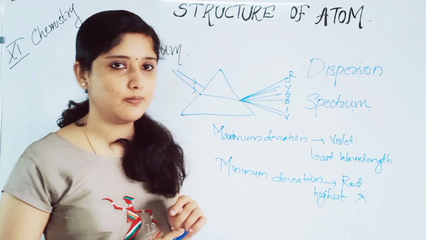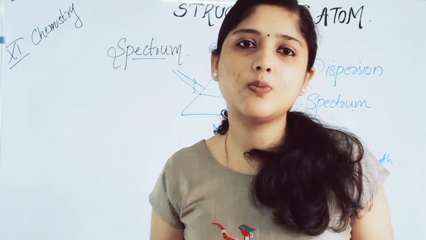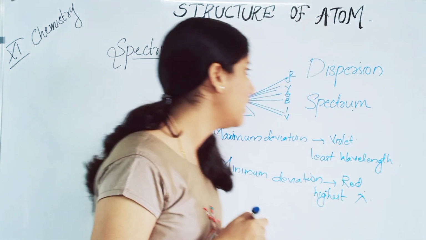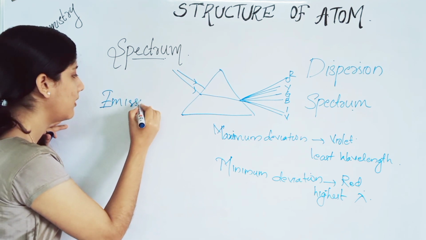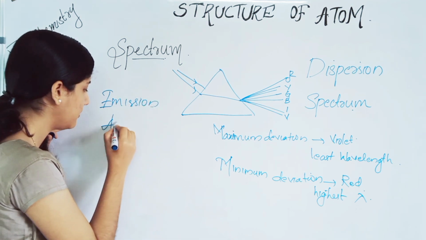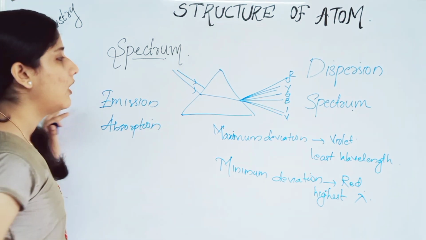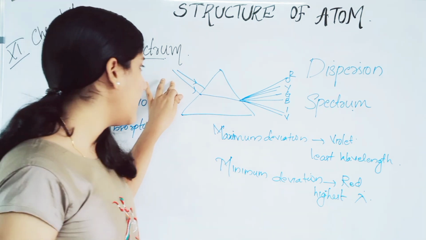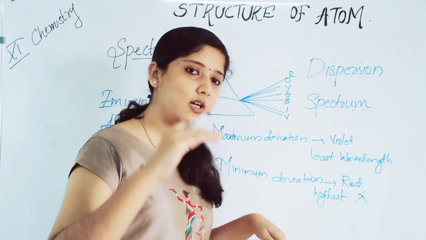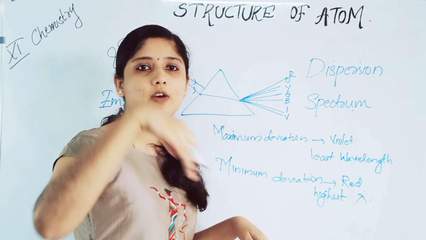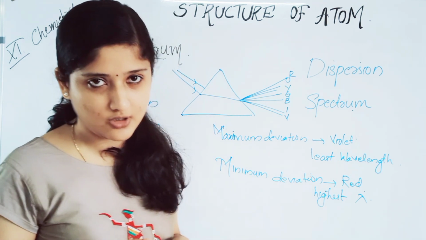There are mainly 2 types of spectrum, that is emission spectrum and absorption spectrum. When an electron is passed from the lowest energy level to the highest energy level, we usually call it an excited electron.